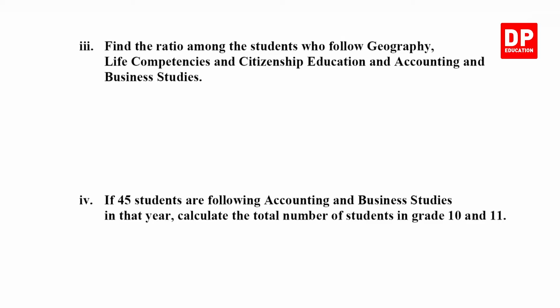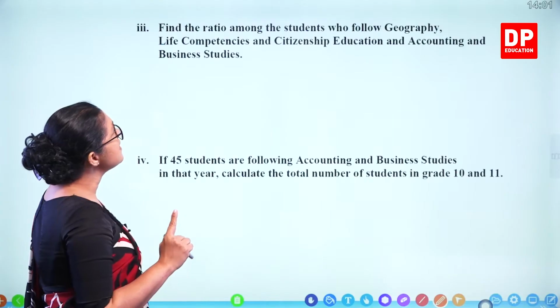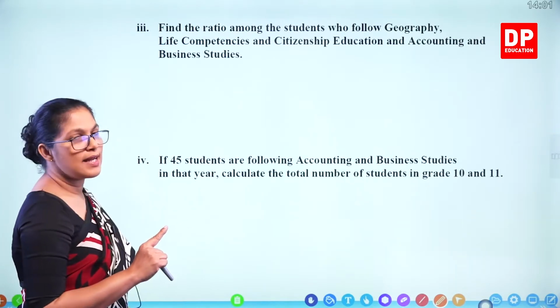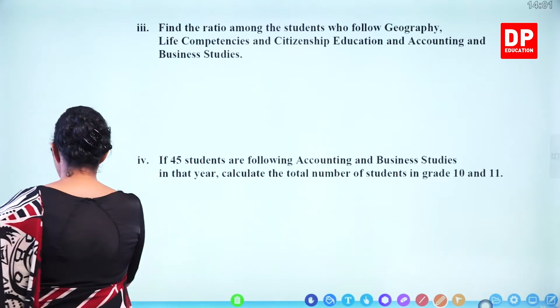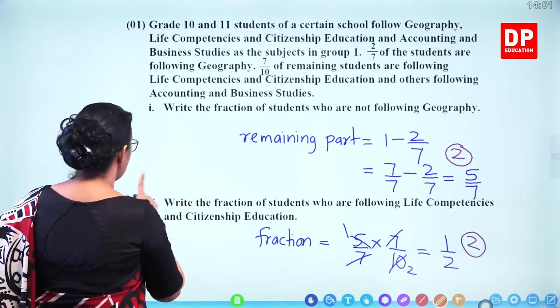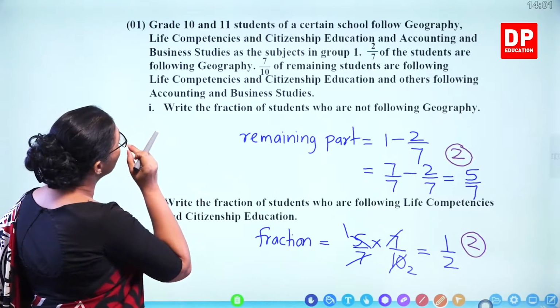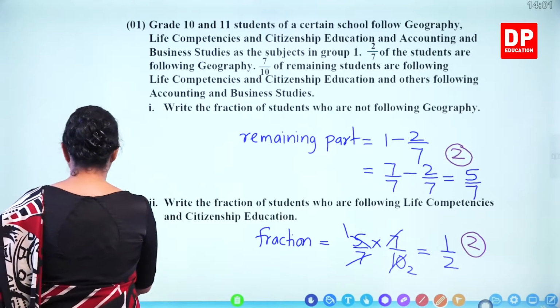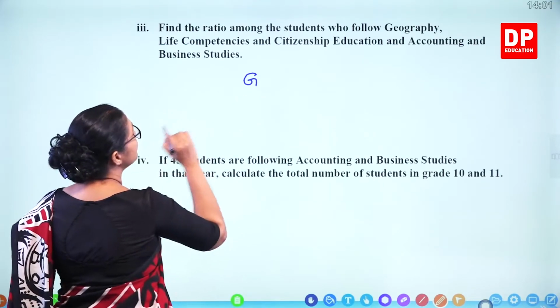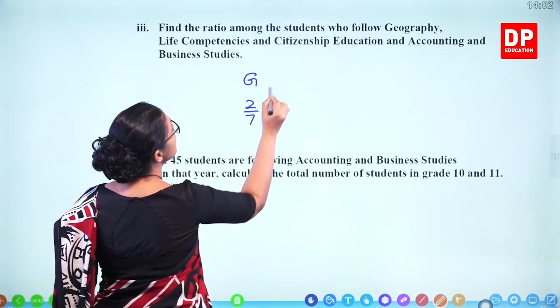Find the ratio among the students who follow geography, life competencies and citizenship education and accounting and business studies. So what's the fraction we got? First, 2/7, that's geography. So first one, I'll put G, 2/7.